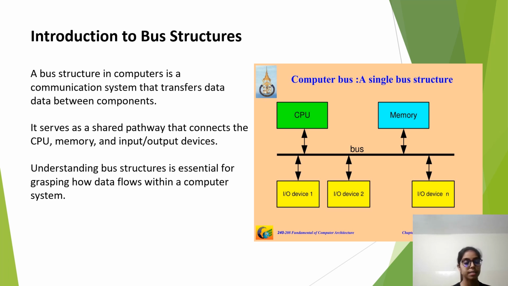Understanding bus structures is essential for grasping how data flows within a computer system. Single bus and multi-bus are the types of bus structures, and this is the single bus structure we are seeing in the picture: CPU, memory, and input device as well as the output device.